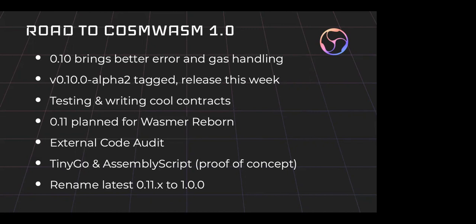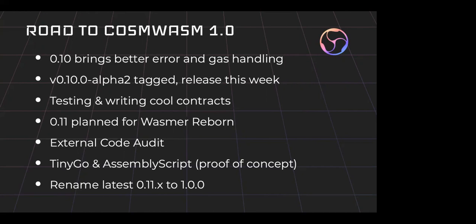CosmWasm 1.0 will be based on a launchpad release of Cosmos SDK, so we are not having any kind of Starport, Protobuf, IBC in that, but want to have a stable experience for single blockchain use cases.